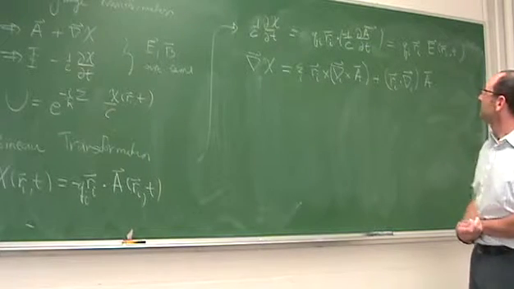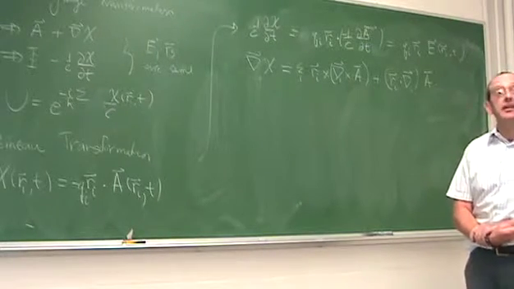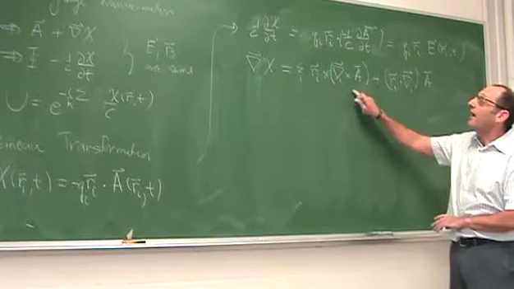And then the gradient is in the ith component, meaning x, y, and z. No, this is on the ith coordinate.